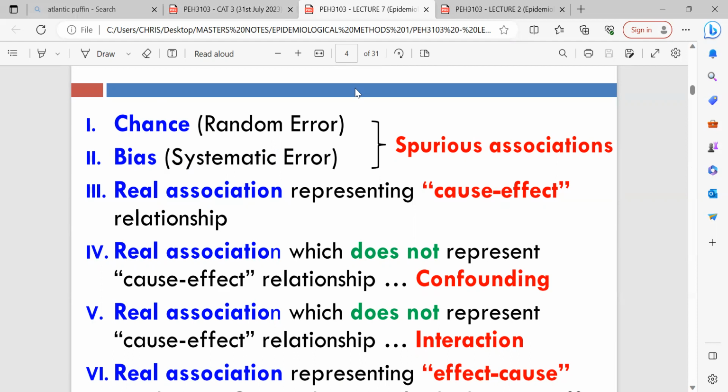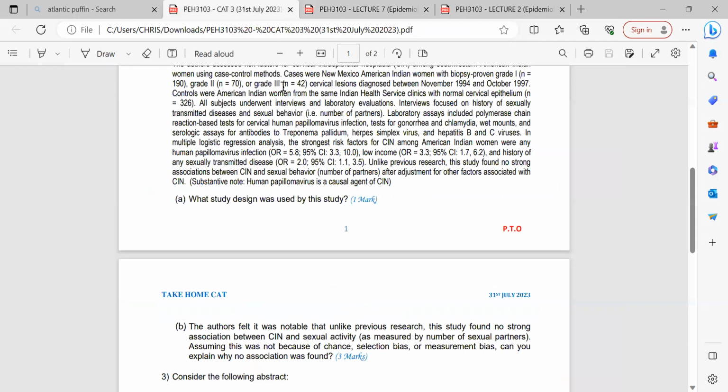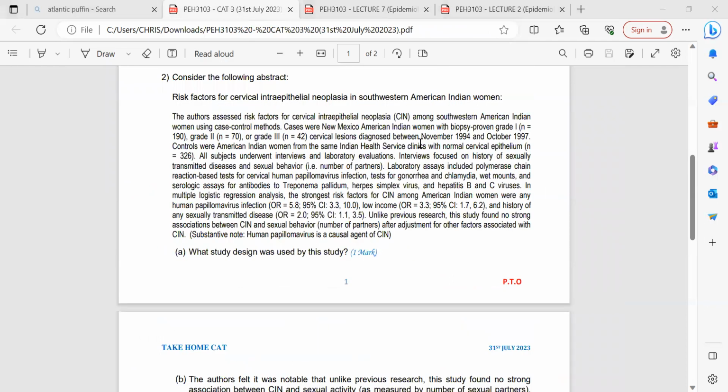Chris, where are we? I went off here a little bit. Let me just read this question again so that we can be on the same page. Let me go back to the abstract. I'll start from the risk factors for CIN in Southwestern American Indian women.